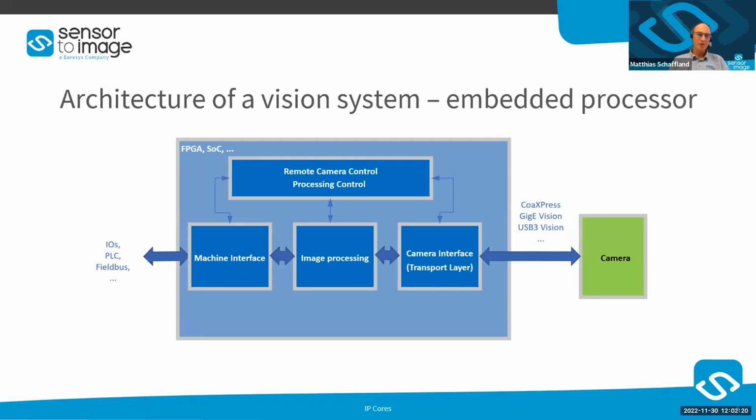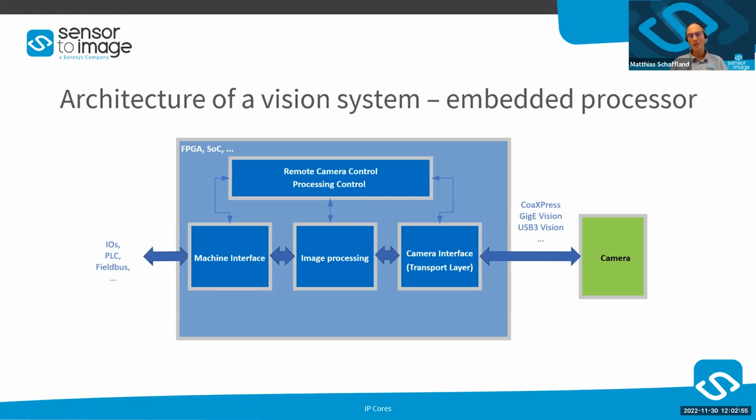An embedded processor, the counterpart, is not too much different. You have your external camera, which is connected to your processing system, processing board, which again could consist of an FPGA or an SoC or an embedded PC or something like that. You need an interface to connect to the camera and implement the transport layer. In our case here, again, something like CoaXPress, GigE Vision, USB Vision, or it could be MIPI and other interfaces as well.